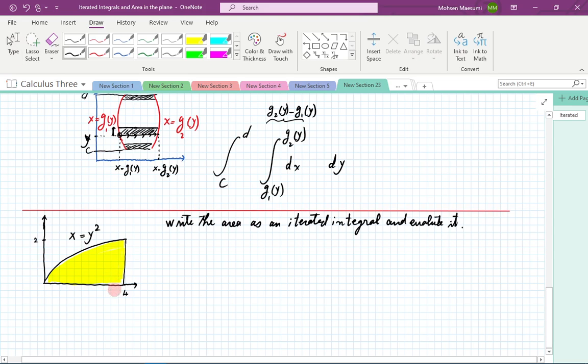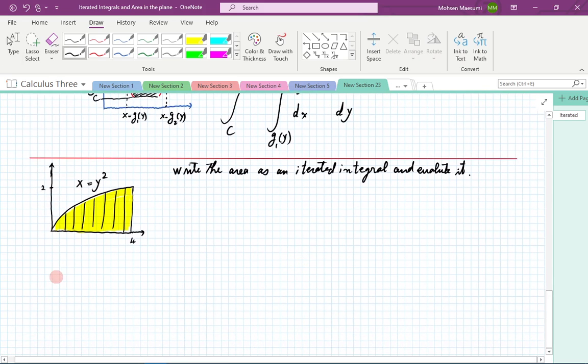Our choice is how we slice this and how we sweep it. So let's try both of them and see what happens. So suppose this was a loaf of bread and I'm slicing it this way. Before we go into any details, what was my other choice? Let's just set that up as well.